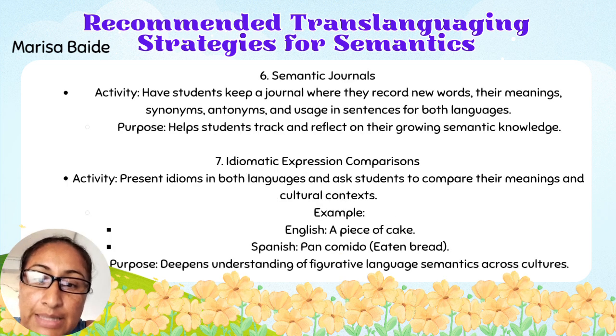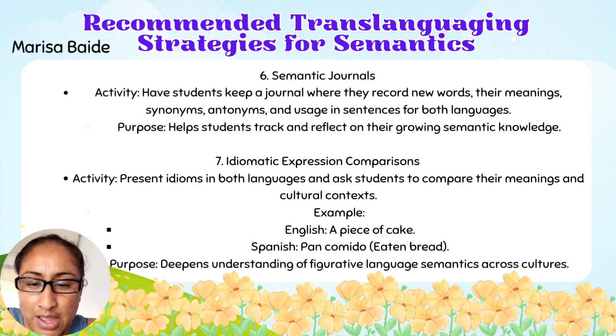We can also look at semantic journals. An activity that would relate to semantic journals would be to have students keep a journal where they record new words, their meanings, synonyms, antonyms, and usage in a sentence for both languages.